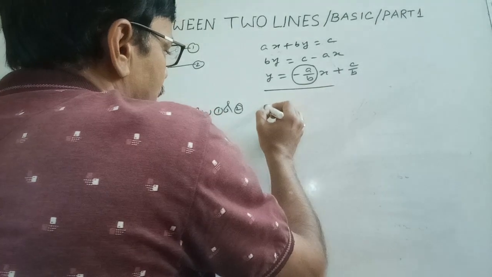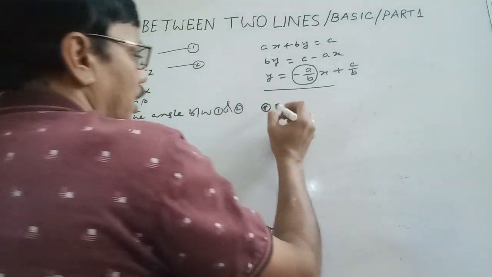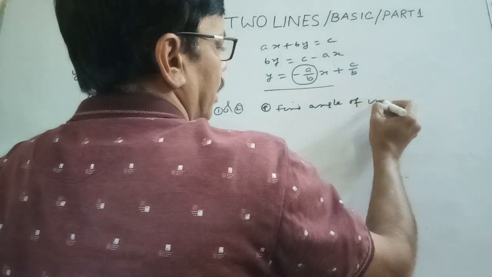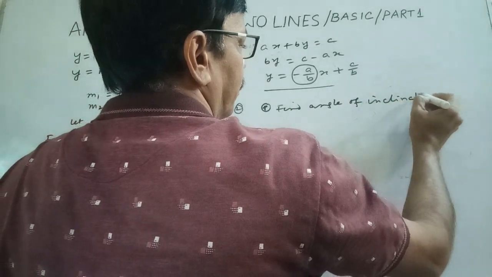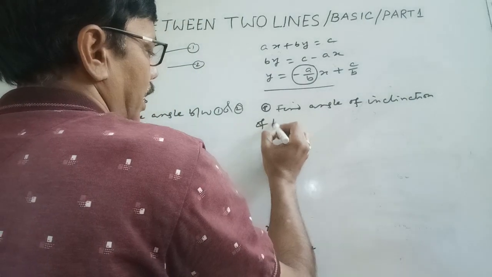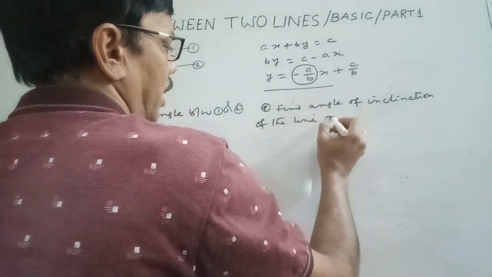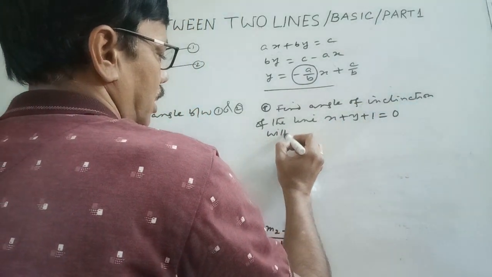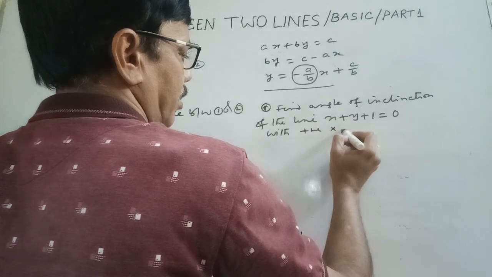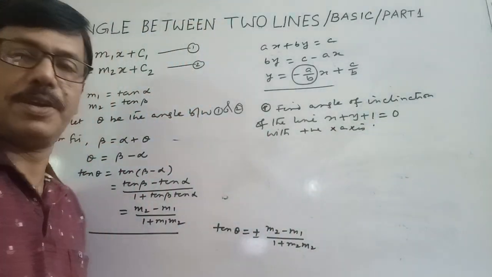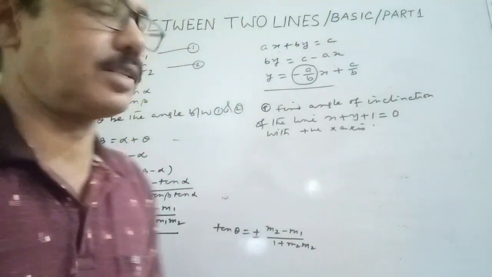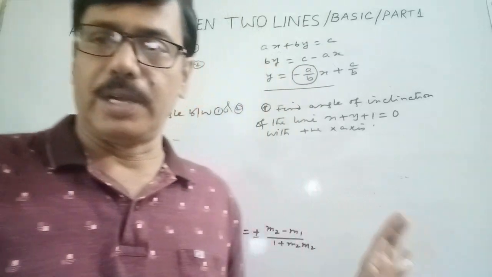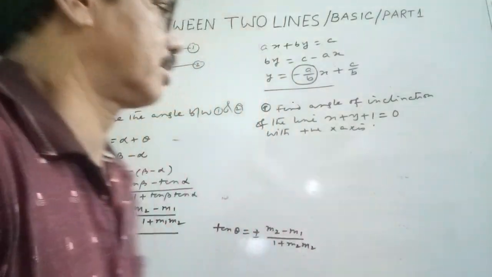Now, a basic 1 mark problem. Find the angle of inclination of the line x plus y plus 1 equals 0 with the positive x-axis. If it is not given with the positive x-axis, we suppose angle of inclination means the angle made by the line with the positive x-axis.